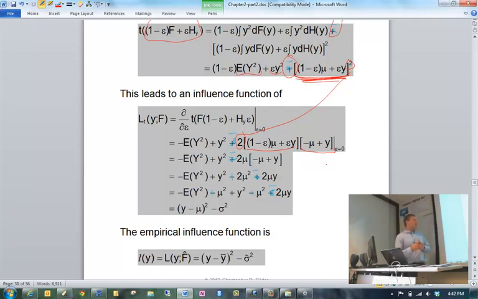Epsilon doesn't disappear after we take the derivative, so we plug in epsilon equal to 0. Look what happens here: when epsilon is equal to 0, we end up just getting a mu that pops out. Go through some more math, and we get this here: (y minus mu) squared minus sigma squared.